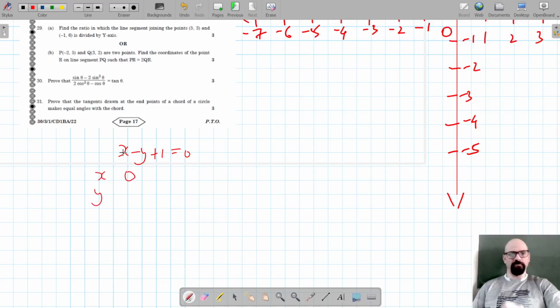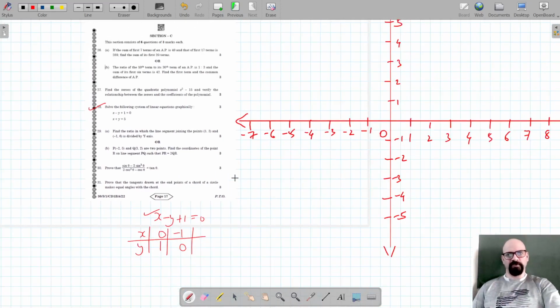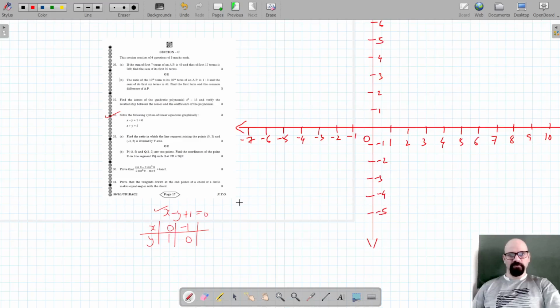If I put x is equal to 0, I get y is equal to 1. If I put y is equal to 0, that gives me x is equal to negative 1. So I have these points: 0, 1 is this one, and minus 1, 0 is this one.